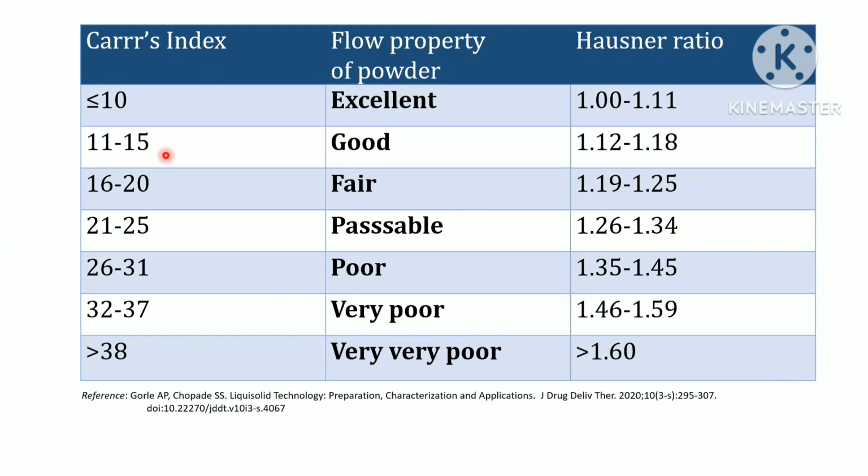Now, if the Carr's index is in the range of 11 to 15, then it is having the good flow property, whereas the corresponding Hausner ratio is 1.12 to 1.18. And this table provides information related to the flow property of the powder and corresponding Carr's index and Hausner ratio.